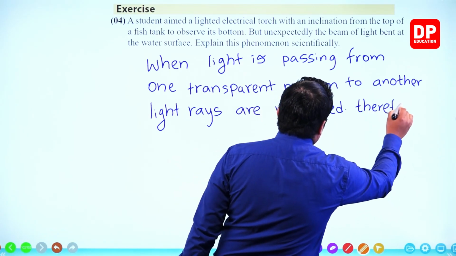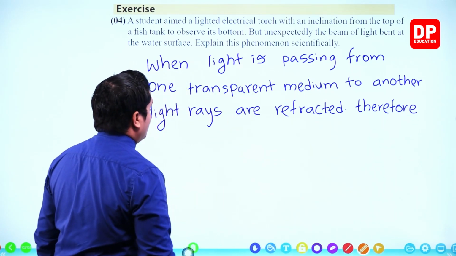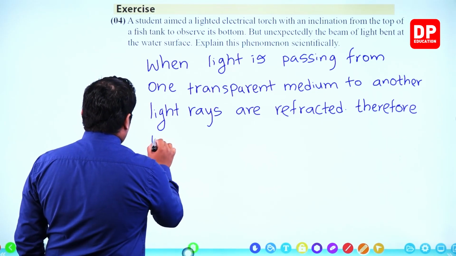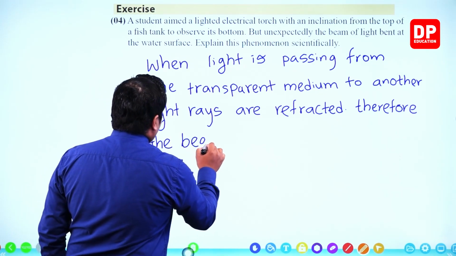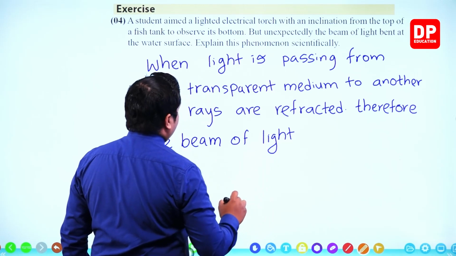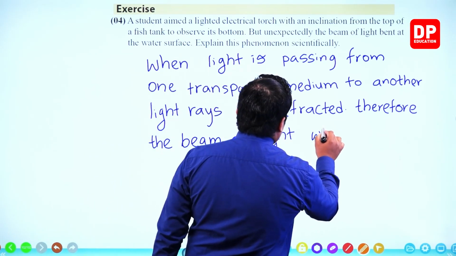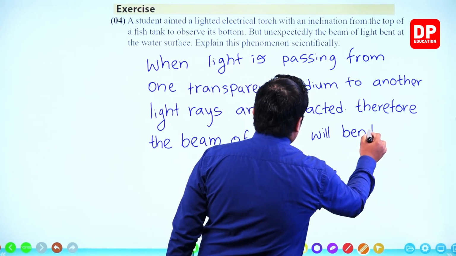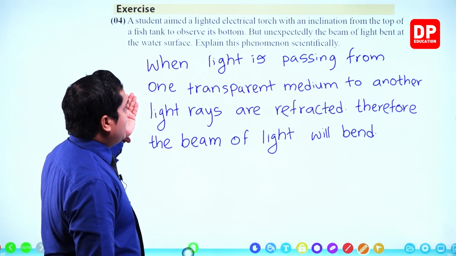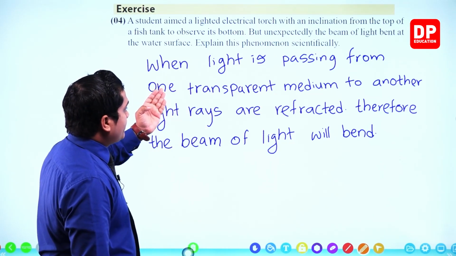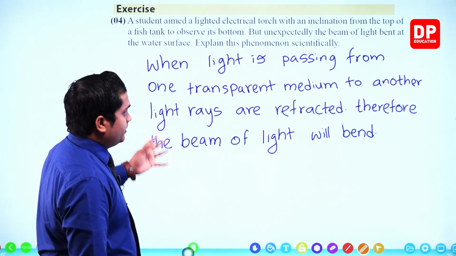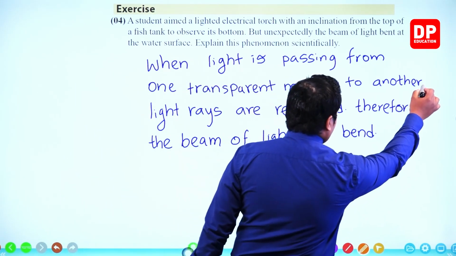Therefore, the beam of light will bend. So my dear children, you know that when light is passing from one transparent medium to another, here we can put a comma.